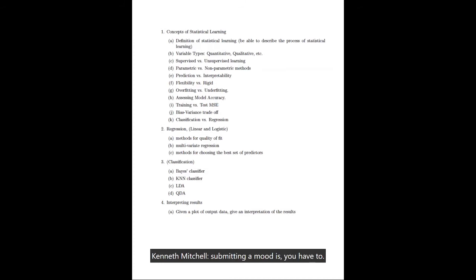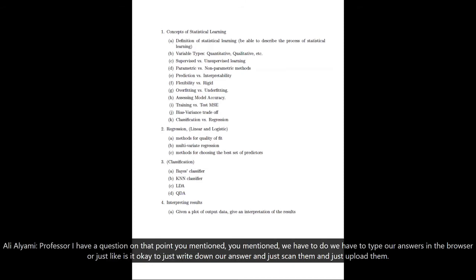The problem with submitting them is you either have to scan them. If you have a scanner, you can scan. Professor, I have a question at that point. You mentioned we have to type our answers in the browser. Is it okay to just write down our answers and scan and upload them?